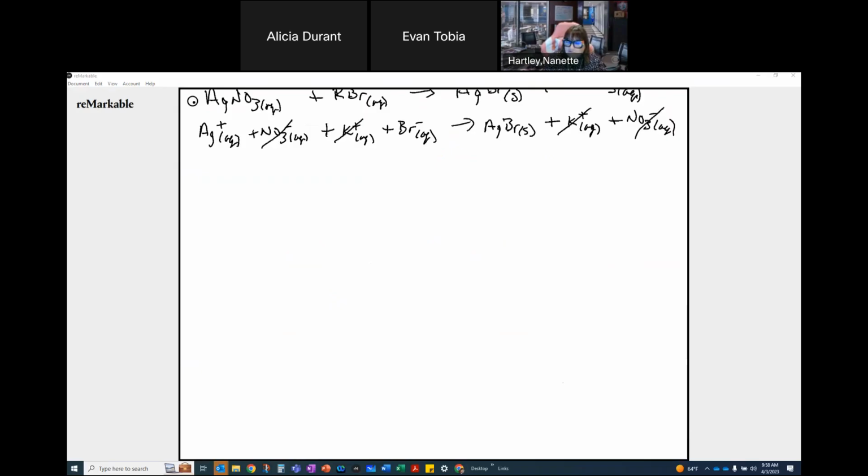I guess my Ag and my bromine aren't any different either, because in the solid it's still the same. Because they're separate, I have to write them out. Well, since I made a solid, it's no longer just an aqueous component, it's changed phase. So that's what we're looking at.